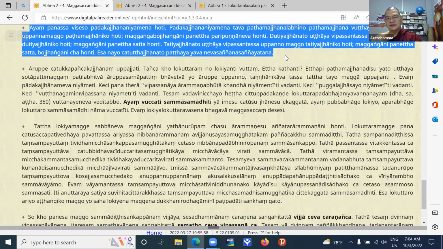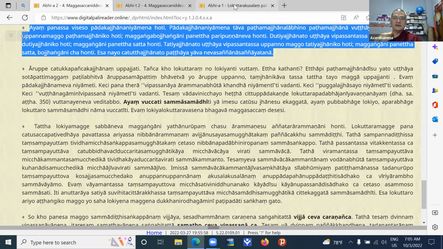So these commentators, the commentators of Vibhaṅga, say paraga jhanika magga. We are talking about the magga here, the magga which is based on the jhana.